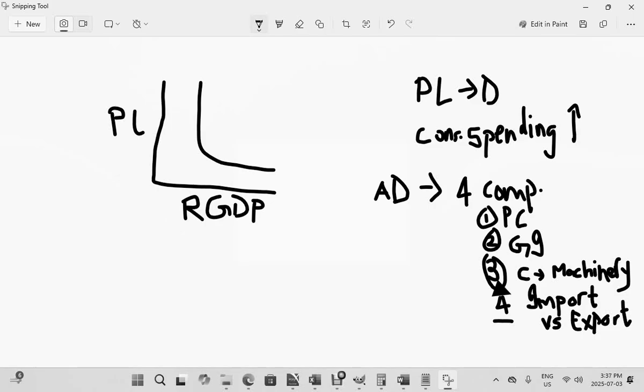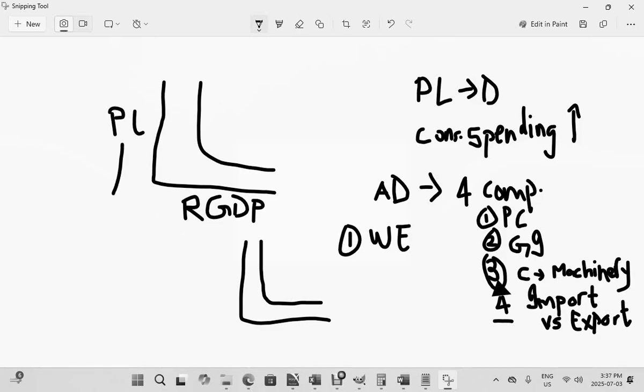You will have theory number one, which has to do with the wealth effect. And what is the wealth effect, you may ask? The wealth effect is the theory where, as the price level of the basket of goods goes up, consumer spending goes down.